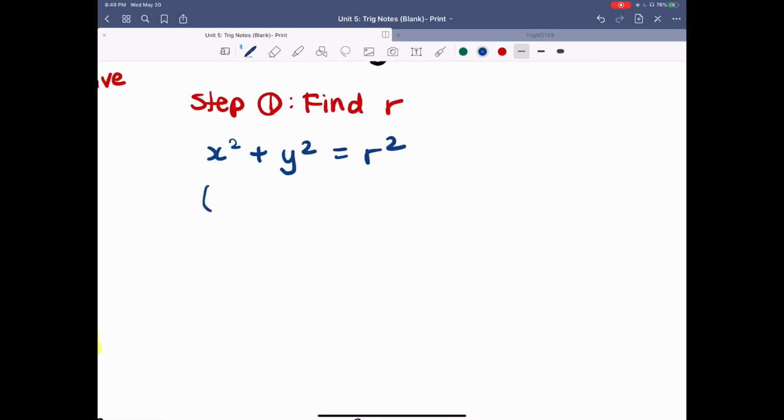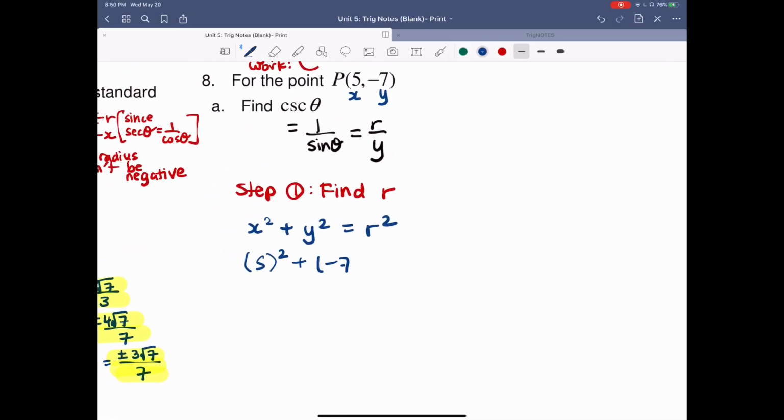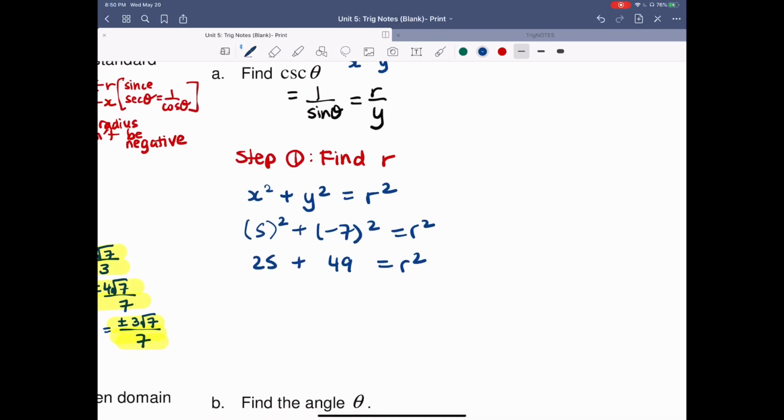So plugging in, I have x as 5, my y is -7, and so 5 squared is equal to 25, (-7) squared is 49, equals r squared. As you notice, you are adding the squares of two numbers. That means you're going to get a positive radius every time, and it only makes sense that the radius, which is a dimension, is always going to be a positive number.